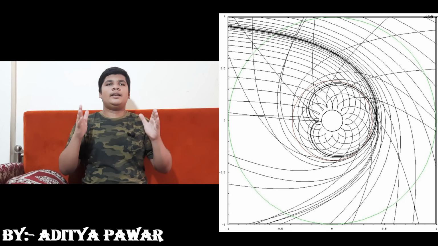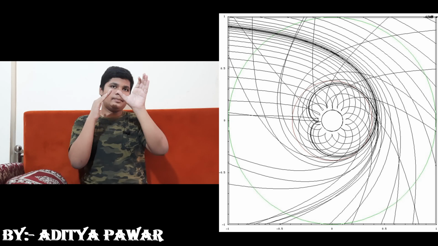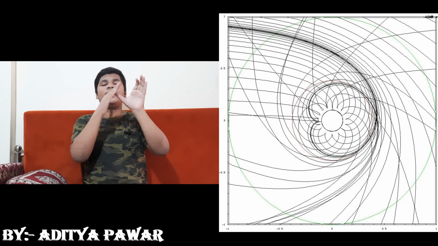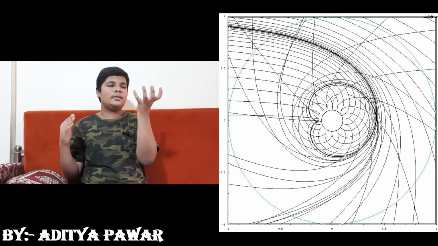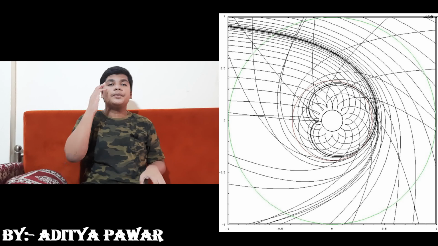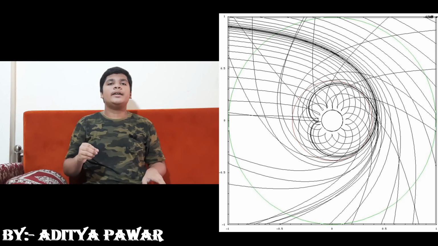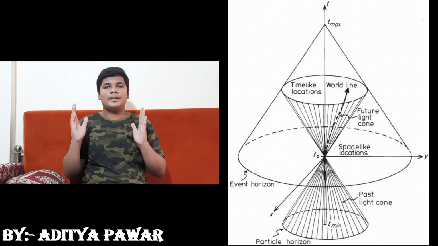Now as light goes through a stationary black hole, the Schwarzschild black hole, it directly goes in. As it goes through a curved metric, it curves through the black hole. Now there are some light cones created, which we represent in Minkowski space-time.